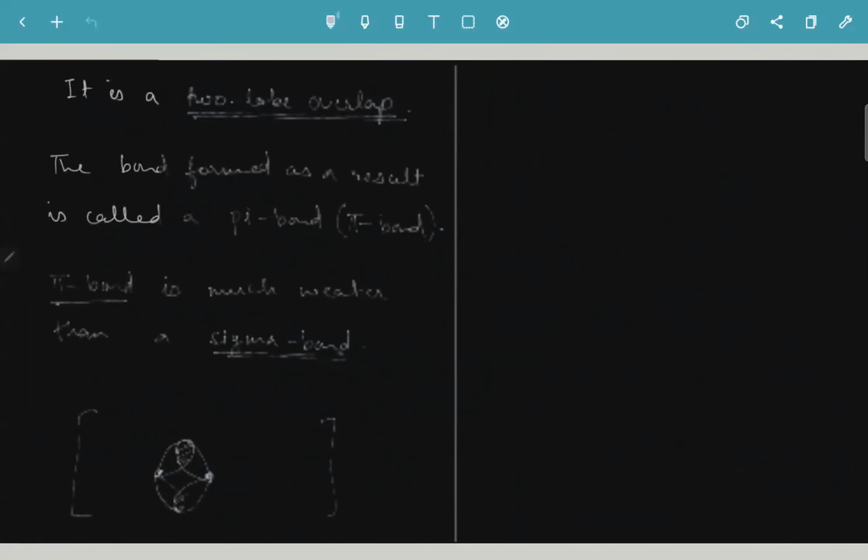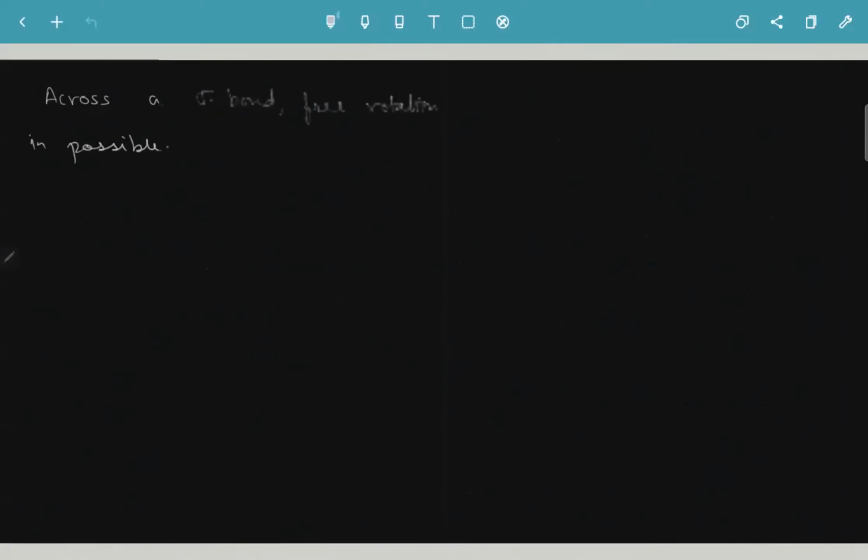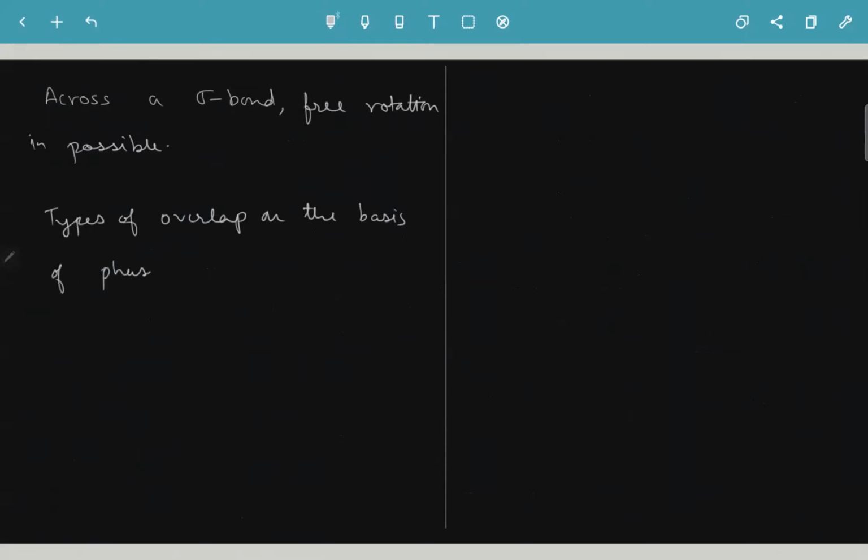Another classification of types of overlap we will do next week: types of overlap on the basis of phase of overlapping orbitals. Wait a second.